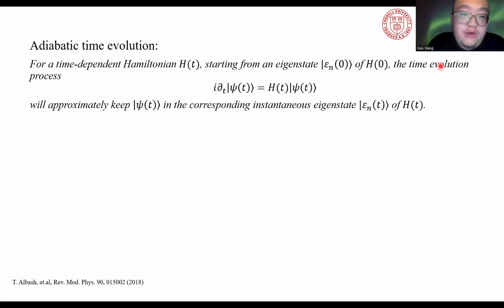The adiabatic time evolution is defined as follows: for a time-dependent Hamiltonian, starting from an eigenstate of the initial Hamiltonian, we drive the system with the Schrödinger equation to consider this time evolution process. If this time evolution approximately keeps the time evolved wave function in the corresponding instantaneous eigenstate of the instantaneous Hamiltonian, then we call this time evolution process an adiabatic time evolution process.